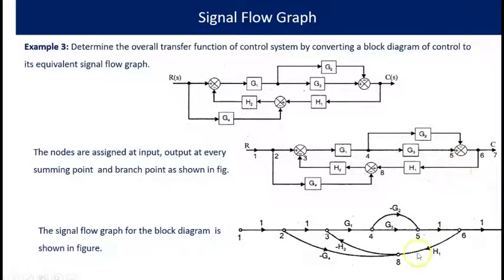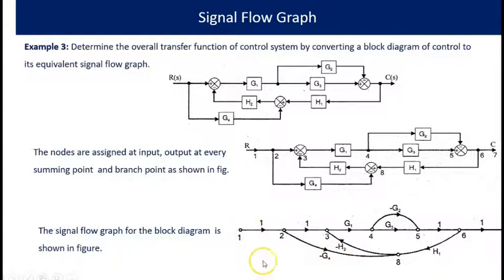Again a summing point and takeoff point, so separate nodes. Here it is shown as separate nodes; for clarity, it is good to draw it like this. Then the feedback paths minus H1, minus H2, and this is a forward path G4.